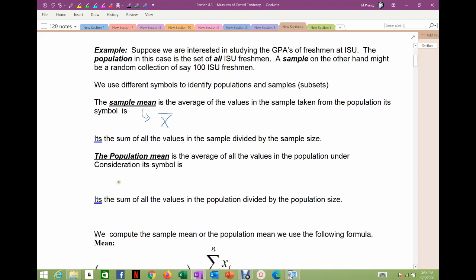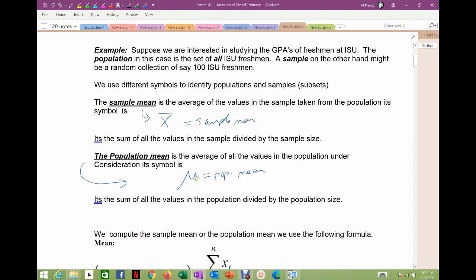Again, we use Greek letters. The Greek letter for the population mean is the mu symbol. It's kind of like the letter U, but it's got a really long beginning and a short little end, and it's called the mu symbol. It stands for the population mean. This is the population mean. This is the sample.